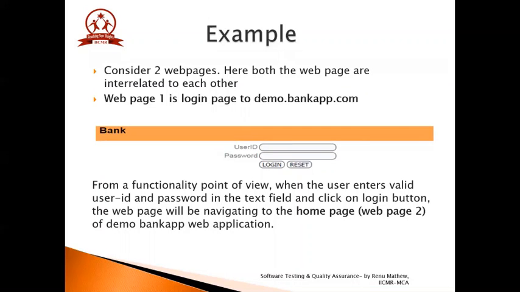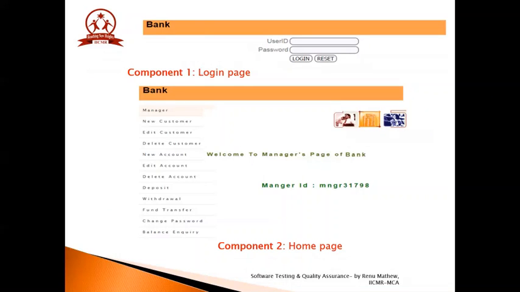From a functional point of view, when the user enters valid user ID and password in the text field and click on login button, the web page will be navigating to the home page, let's say to the manager page, which is the web page 2 of demo bank app web application. So here login page is one component and the home page will be the second component. Now testing the functionality of these individual pages separately becomes your component testing.